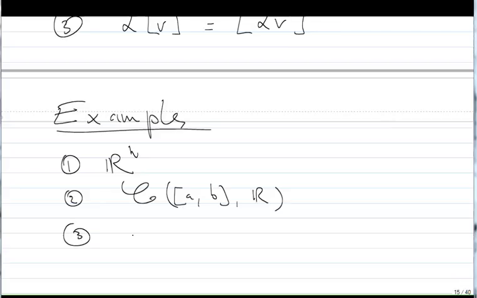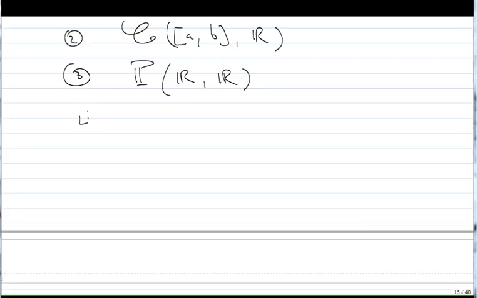Three, the one I mentioned earlier today, polynomials defined on R, polynomial functions, also a vector space. Four, Ri of [a, b], functions which are Riemann integrable on [a, b], also a vector space.